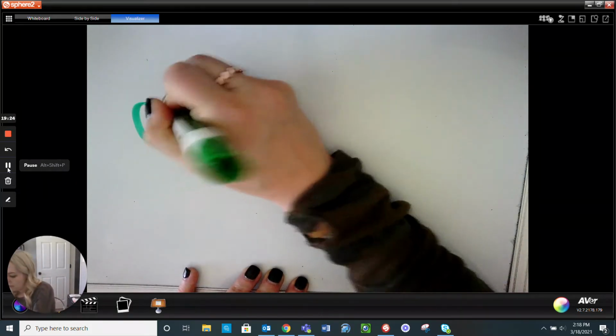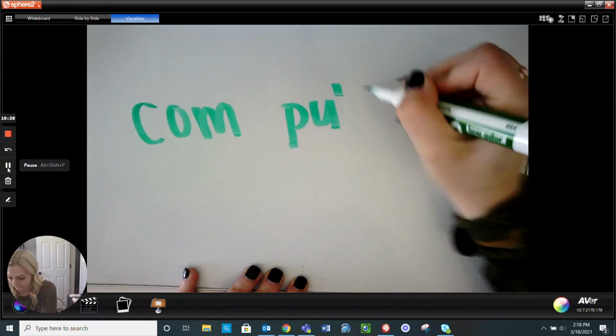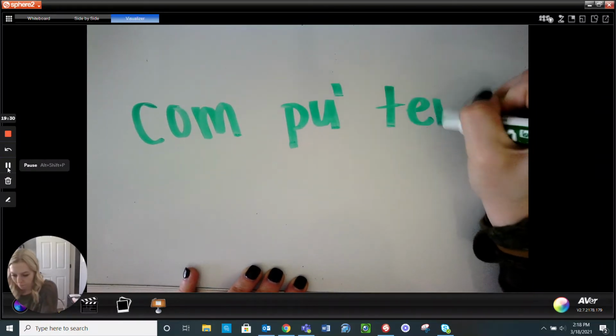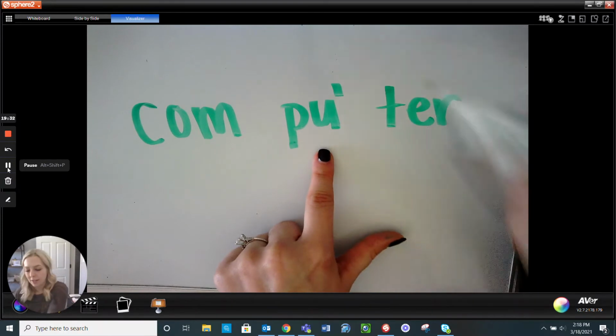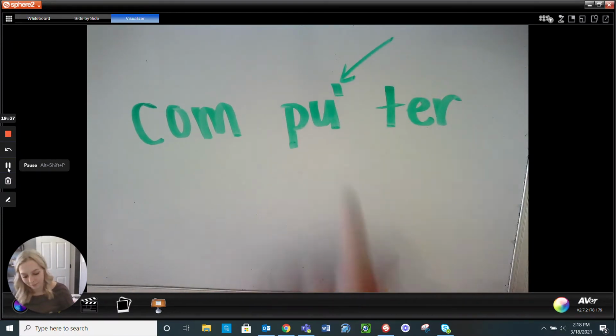It is called a stress mark, and it looks like an apostrophe or a small slash. We will write it immediately after the syllable that is stressed, like this. So pew is the stressed syllable, and so there is our stress mark.